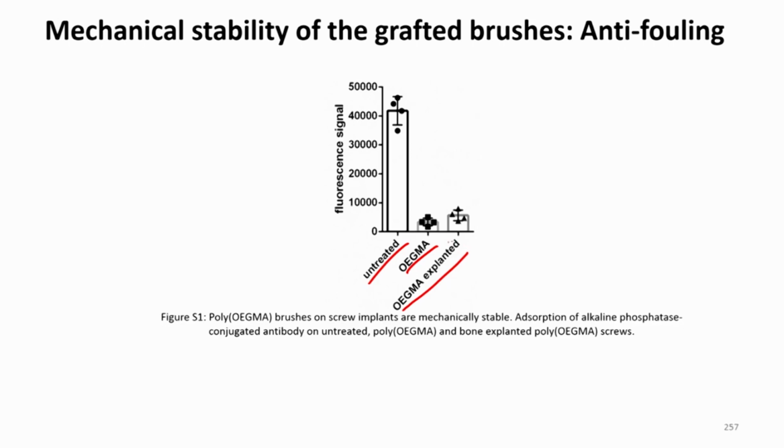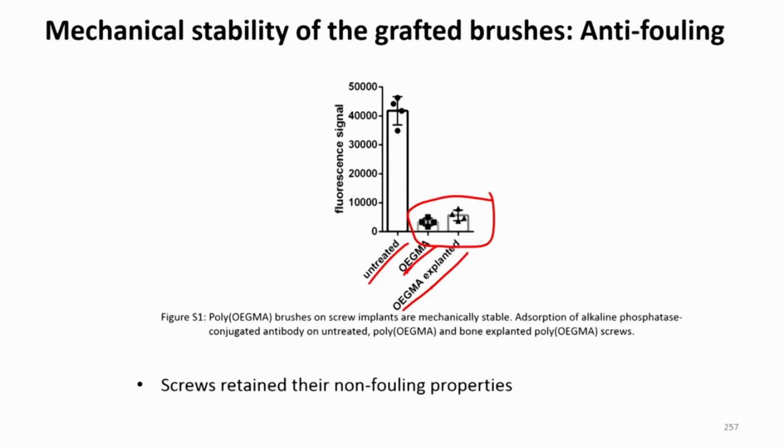This is just to mimic some of the mechanical forces that this surgery will cause on these metals. There could be all kinds of screwing and pushing and pulling across this, and what they find is these coatings do survive. They do not see any difference between the original oigma and the oigma that went through the surgery. So, these coatings are fairly stable. In this case they were using screws.